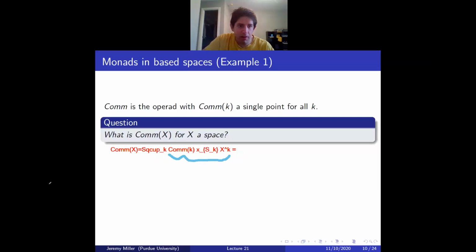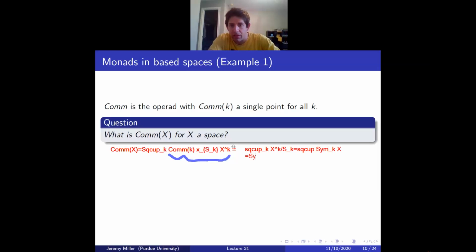Yeah, so the blue part, maybe we'll just do this in steps. The blue part is going to be, because Com(k) is just a point, this crossing over with a point just means quotient. So this is X^k mod S_k, which is what we called Sym^k X.